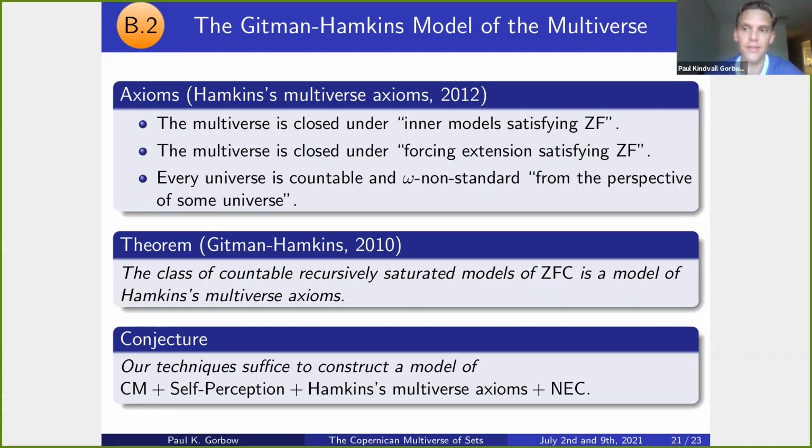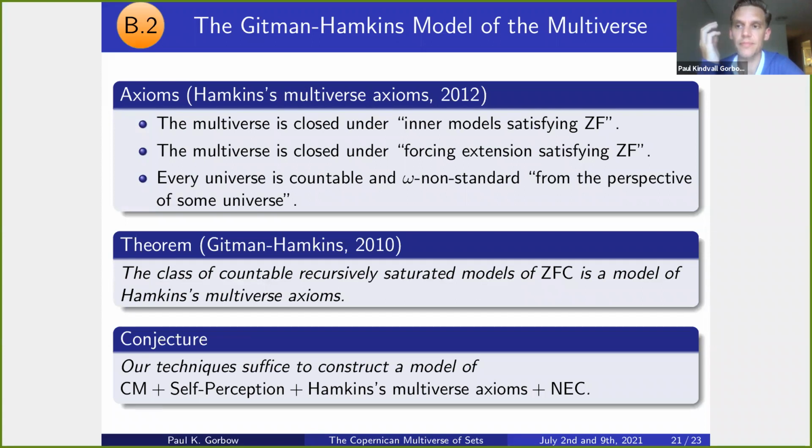And so that coincides then with what we need here for the self-perception axiom. So the self-perception axiom is quite well motivated from just thinking about this question about how does the background universe relate to the universes within the multiverse.